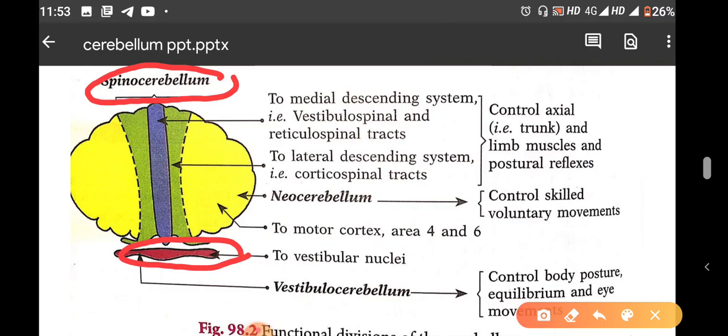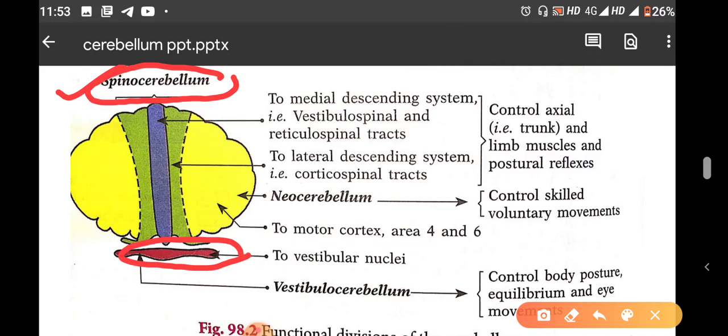Along with the nucleus fastigius seen previously, these are the deep cerebellar nuclei. Mainly the efferents go from these deep cerebellar nuclei. So, for spinocerebellum, the effector nuclei are nucleus globosus and nucleus emboliformis.